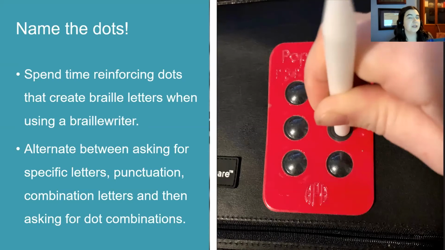Alternate between asking for specific letters, punctuation, combination letters, and then asking for dot combinations.